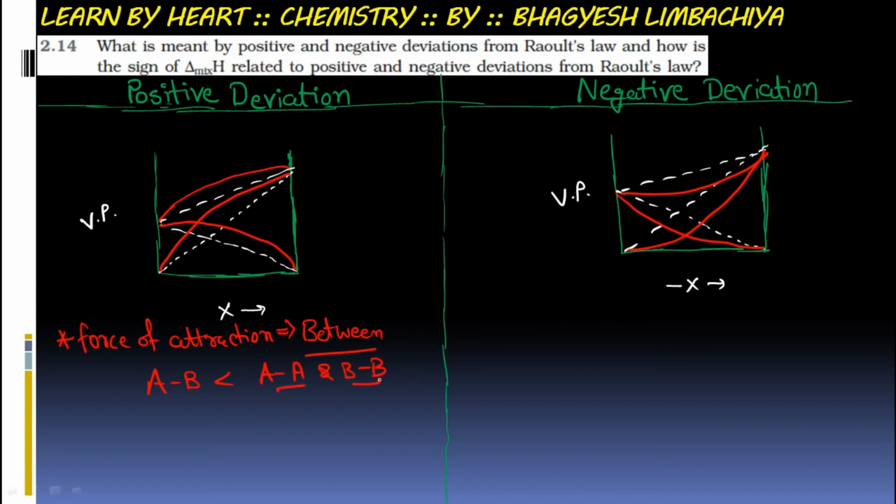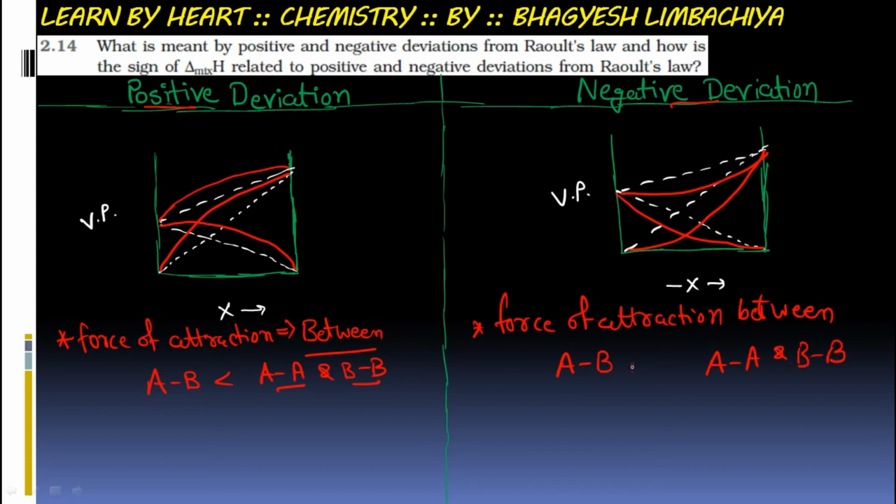Here A and B are the two liquids which are mixed together, which show the positive and negative deviation. Similarly here the force of attraction between AB and AA and BB, so force of attraction will be higher in AB.